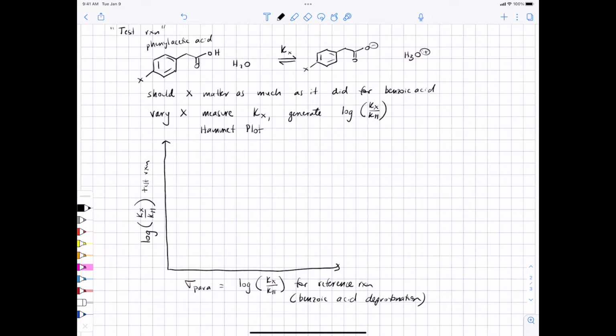Okay, so then we plot these data points against each other. Now, suppose we see a situation where the slope of this plot equals 1.